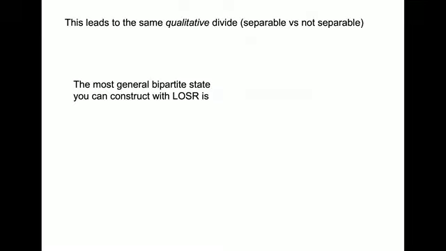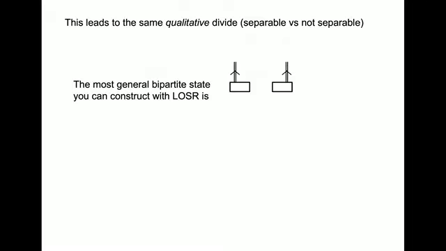And this definition leads to the same qualitative divide. If you ask what is free and what is non-free in this LOSR resource theory, it's still separable versus entangled. You can see that immediately, because of the most general bipartite state you can construct with local operations and shared randomness. Well, local operations just give you product states, right?